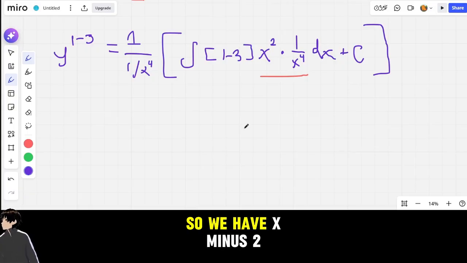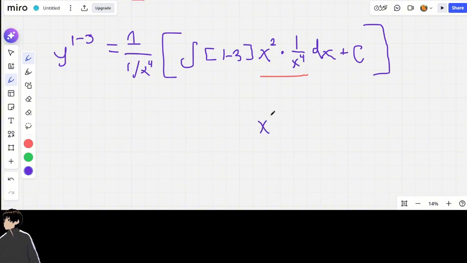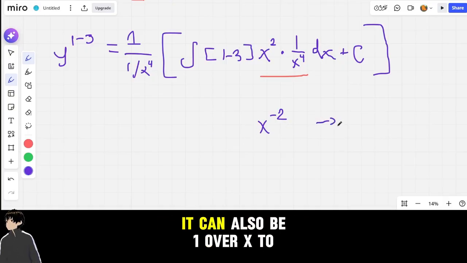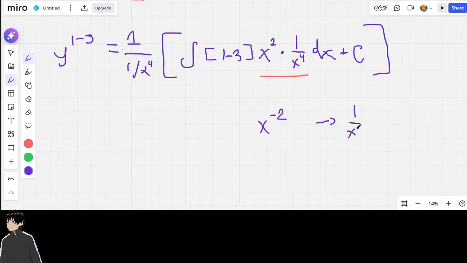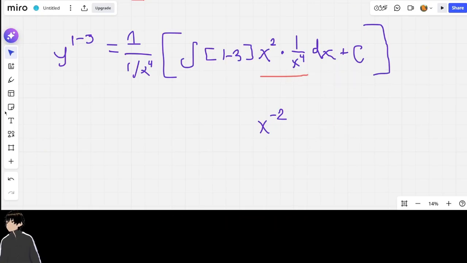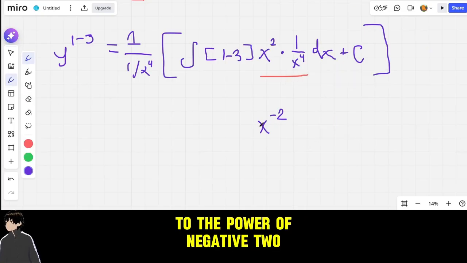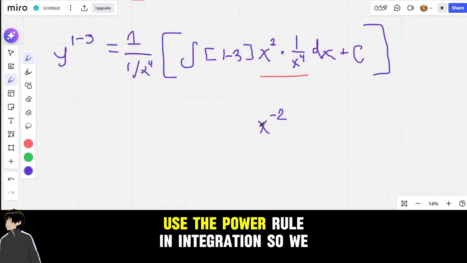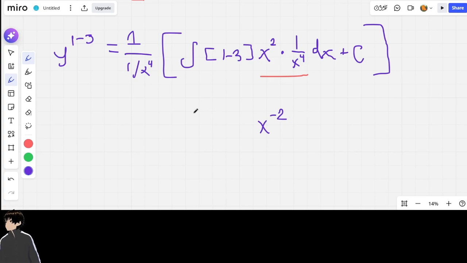So we have x to the negative 2. Simple enough. It can also be 1 over x squared, but we're just going to use x to the power negative 2 in order for us to use the power rule in integration. So we have this. 1 minus 3 is negative 2.